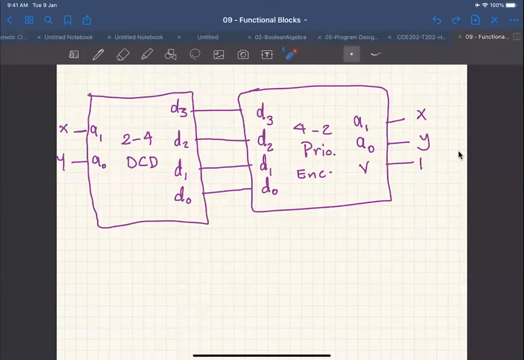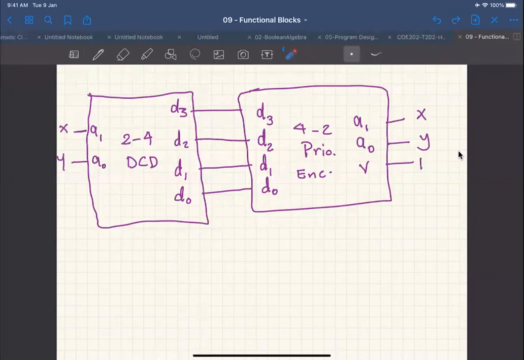Otherwise, it will stay the same, okay? Because it's true that the normal encoder has some limitations, but the limitations are not the case in this example because the encoder will get its inputs from a decoder, right? Decoder always provides valid encoder input, okay?